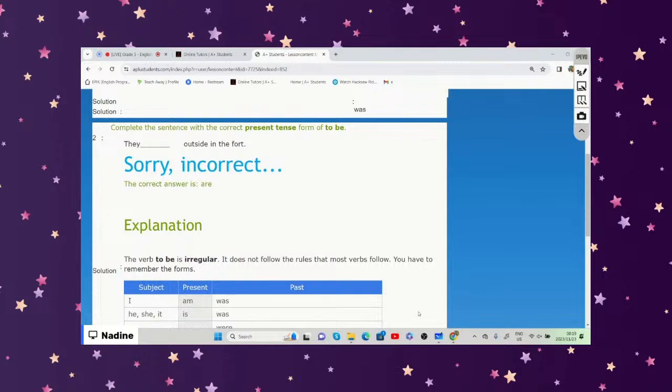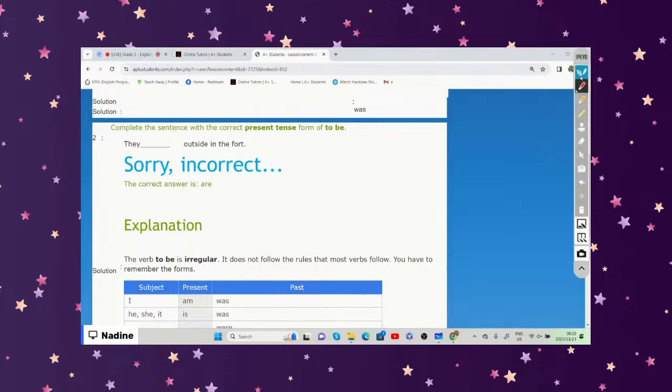All right, so now we need to complete the sentence with the correct present tense form of to be. Something that is happening now, right? In the present. All right, they, do we say they are or they were outside in the fort? This is in the present tense.